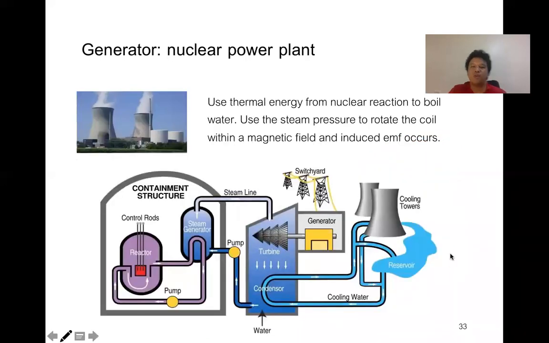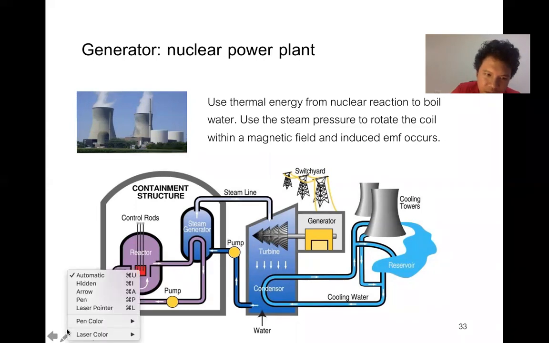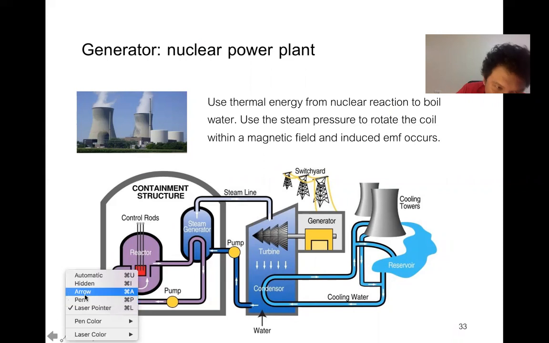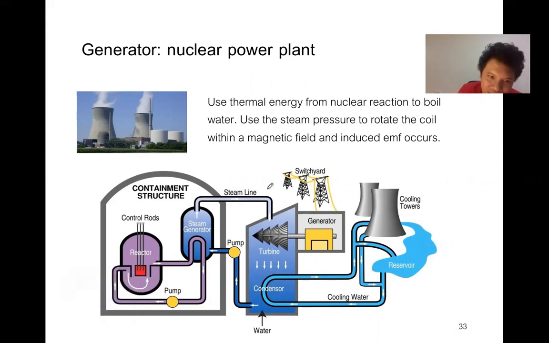Or even if you have a nuclear power plant, the principle is still the same. For a nuclear power plant, you have the reactor, where the nuclear reaction happens. When you have the nuclear reaction, it gives you energy.